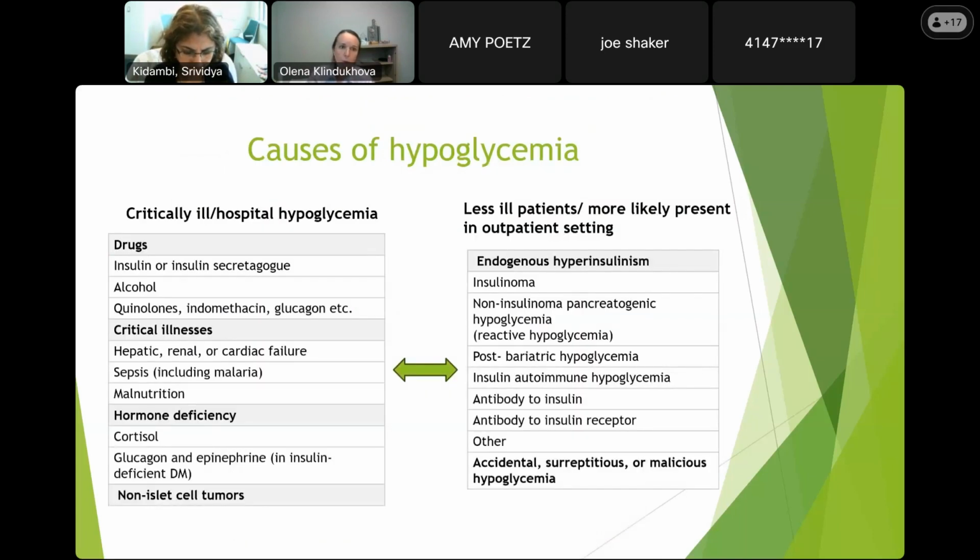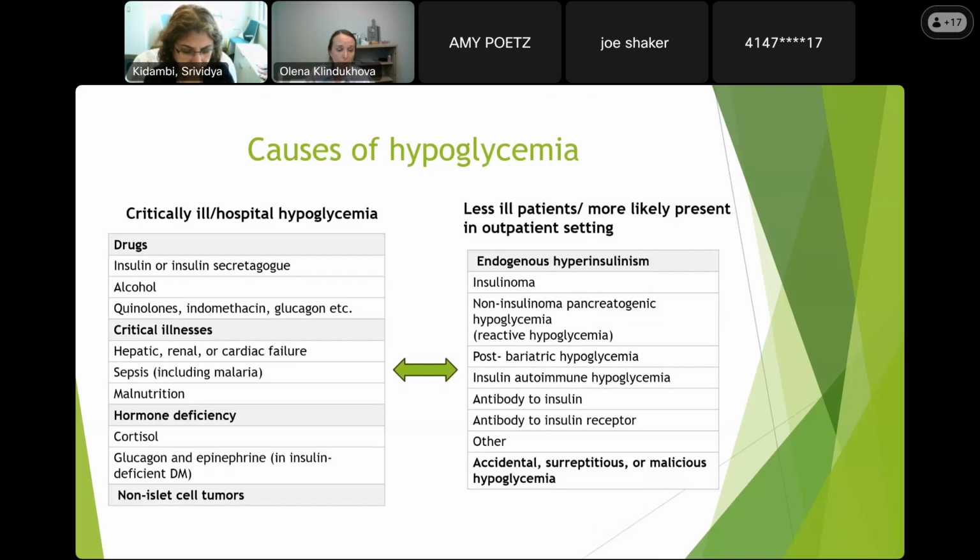All right, very good. So there are different ways hypoglycemia can be divided and classified. One practical approach would be to divide hypoglycemia in critically ill hospitalized patients versus hypoglycemic patients that would present in the clinic setting.